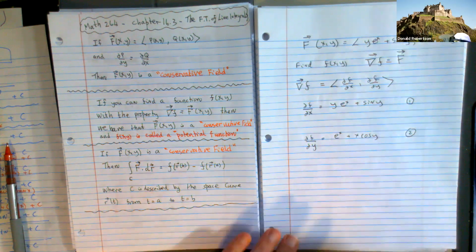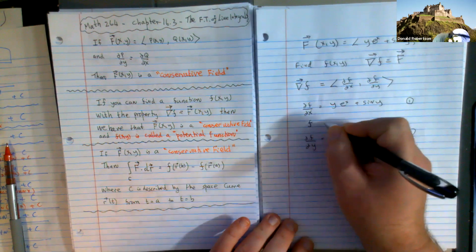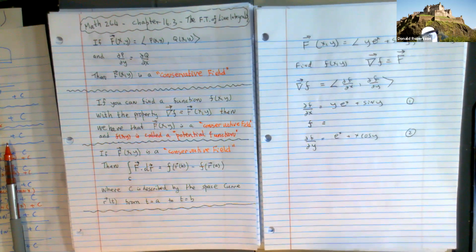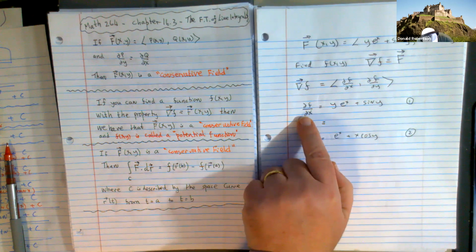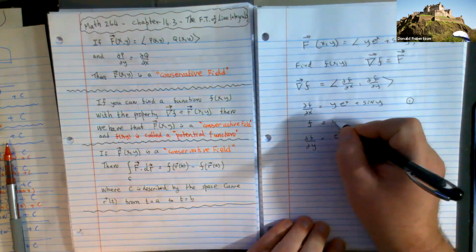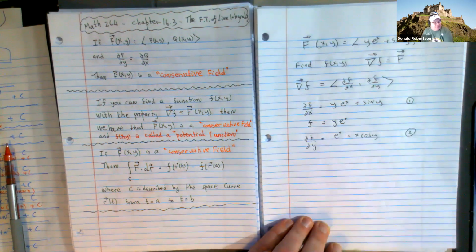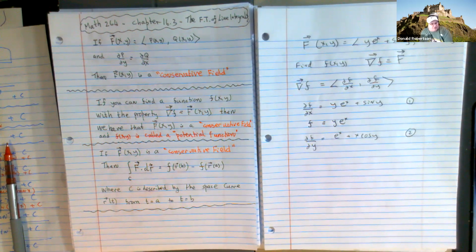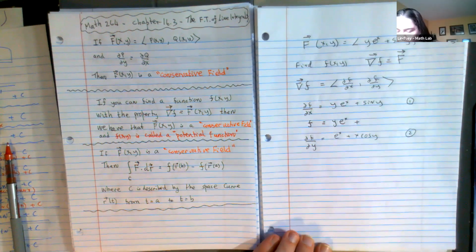So we're going to find the antiderivative with respect to x. Now, y e to the x, won't that just give you y e to the x? Like 5e to the x as an integral is 5e to the x. So far, so good. Now, be careful. What do you get if you integrate with respect to x the sine of y? X sine y.